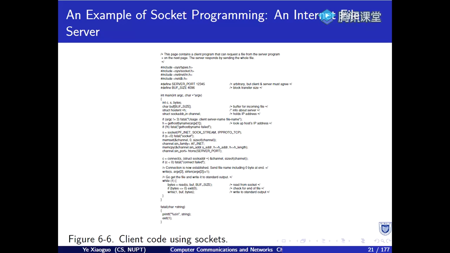And struct hostent is a pointer h. This hostent is a data type probably defined in this header file, and socket address in is probably defined in these files.